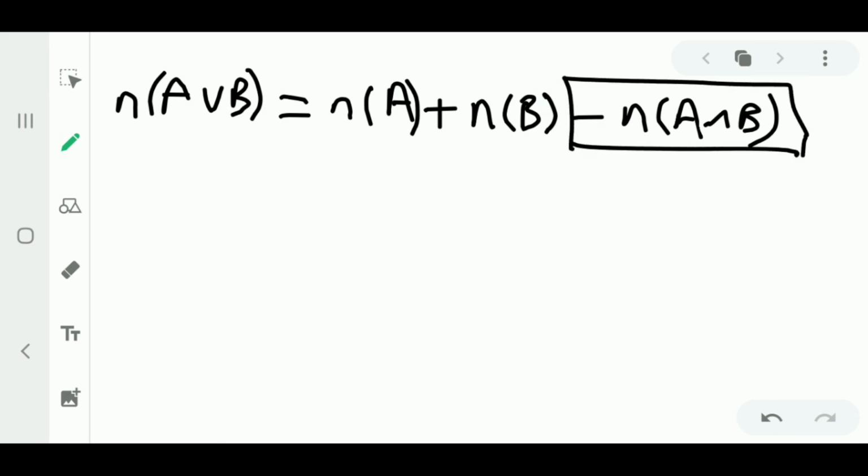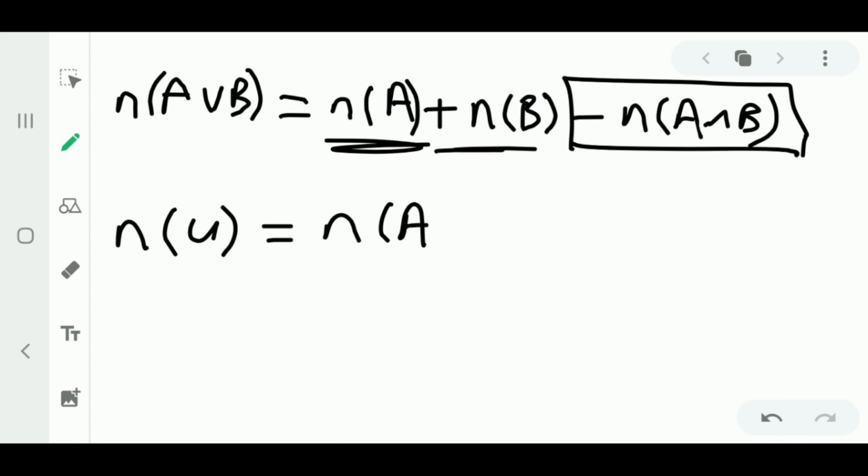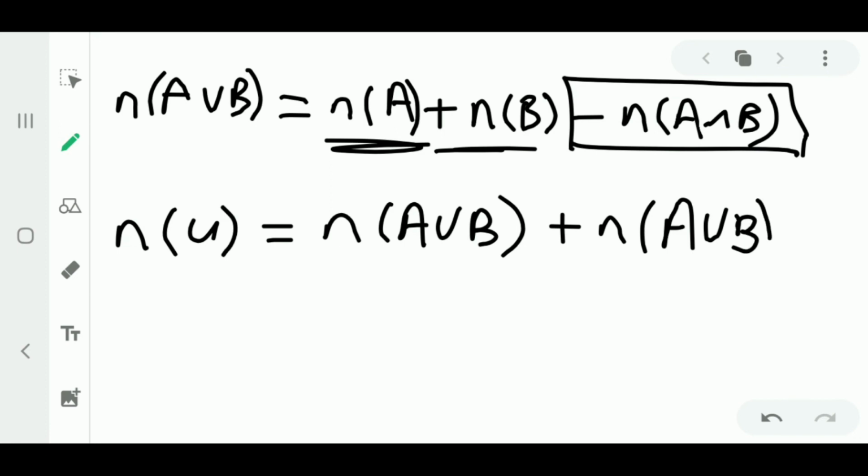The reason we subtract the intersection here is because you already double counted it in these numbers. And N of the universal is equal to N of the union of A and B plus N of the complement of A union B. So these are some general formulas that you would need to remember.